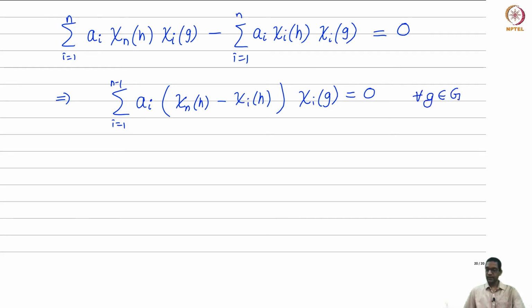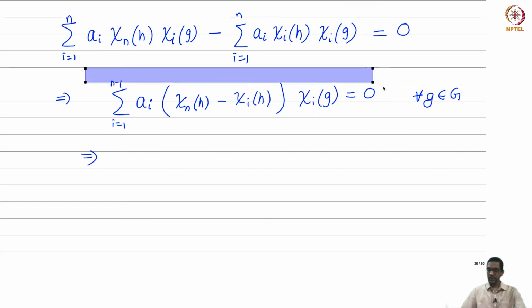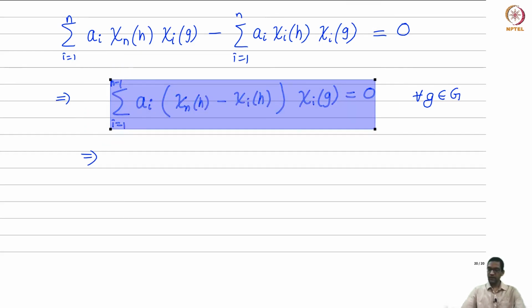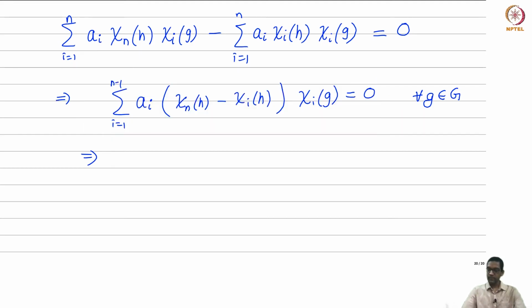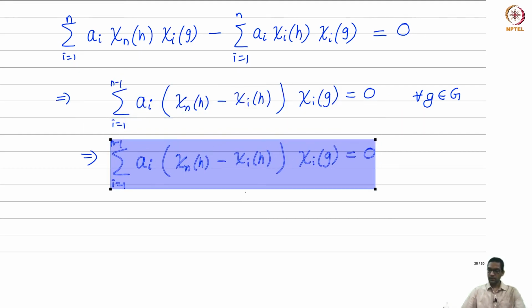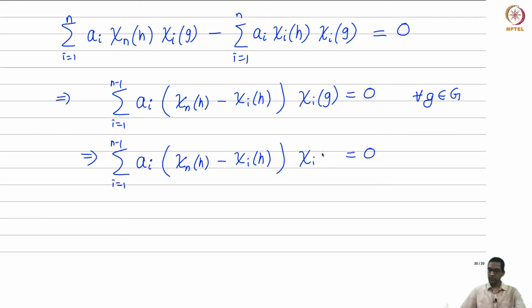Now what does it imply? This is exactly a linear dependence relation between the first n minus 1 chi I. I'll just remove the G now from this. Think of it as a linear dependence relation which connects the first n minus 1 chi i's.